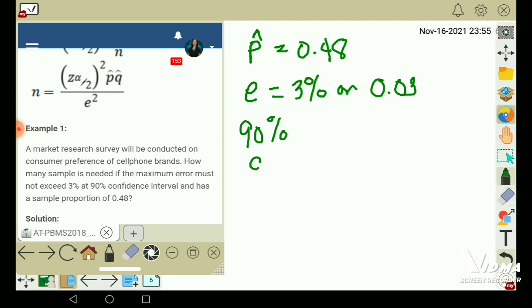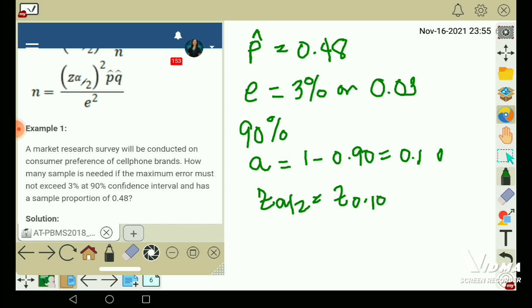So this also follows that your alpha is given by 1 minus 0.90, and that is 0.10. And z sub alpha over 2 is given by z of 0.10 over 2, and that is z sub 0.05.